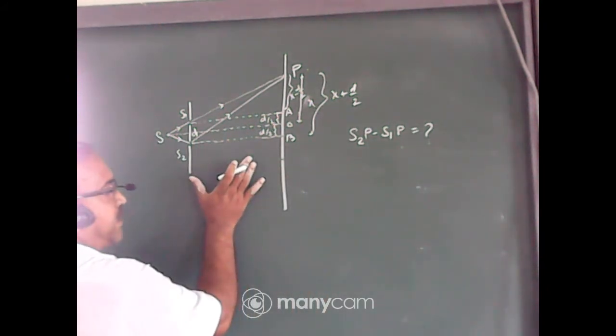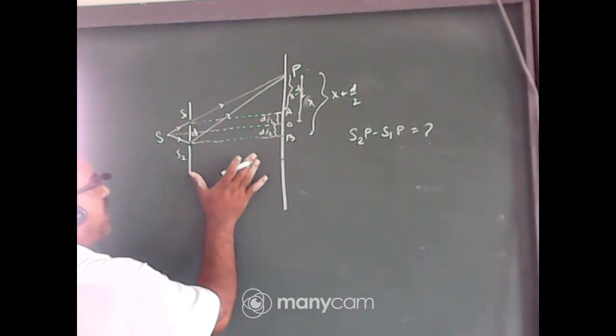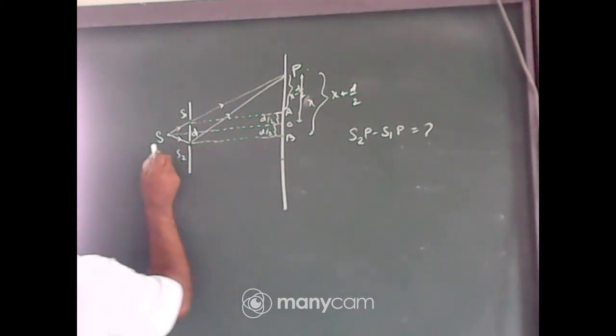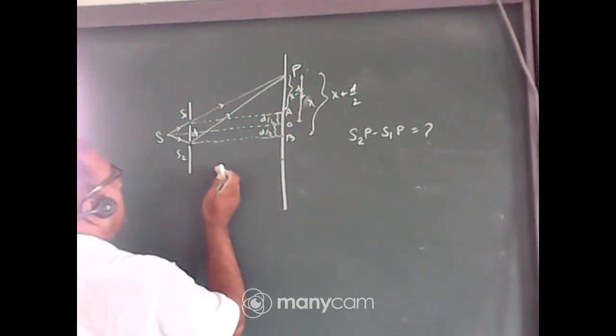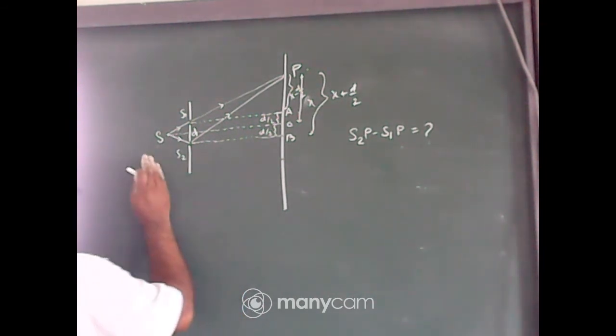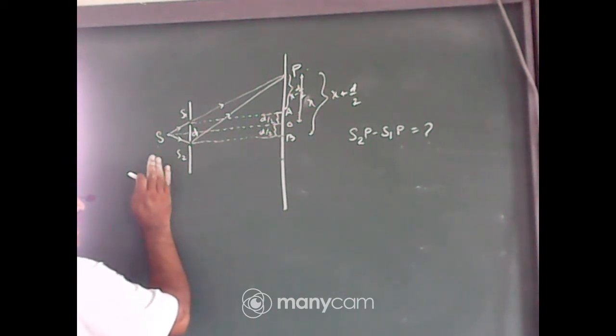The diagram is clear. You first know the diagram, where the source is, and the source must be a monochromatic wave. Monochromatic wave means the wavelength of that source is only one.